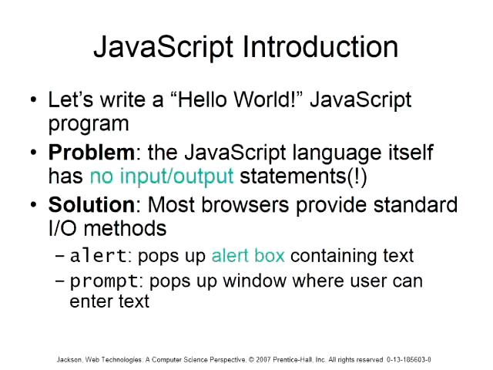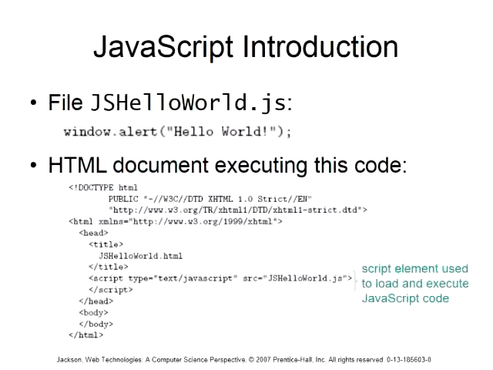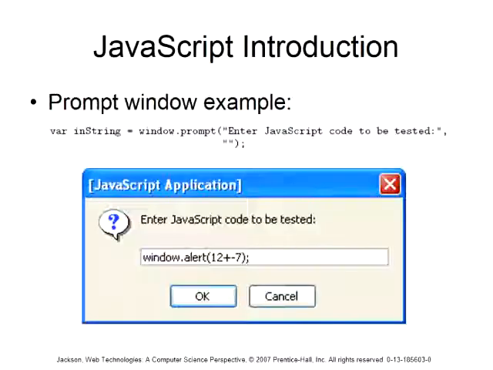If we want to make input and output, we use alert and prompt. So alert and prompt are input-output methods.